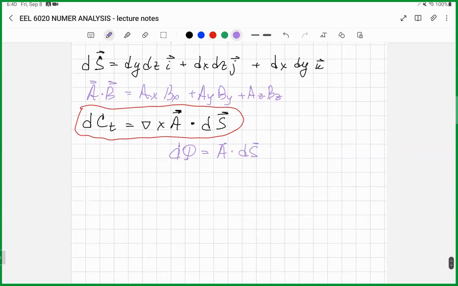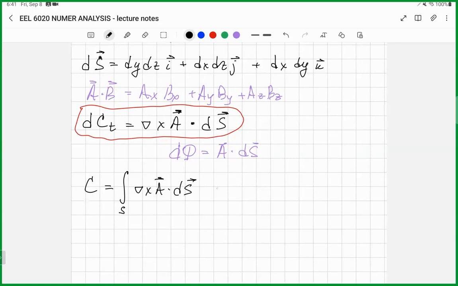So we can write the formula for the circulation as an integral of this formula over the surface. So it's going to be the integral over the surface of curl A times dS.